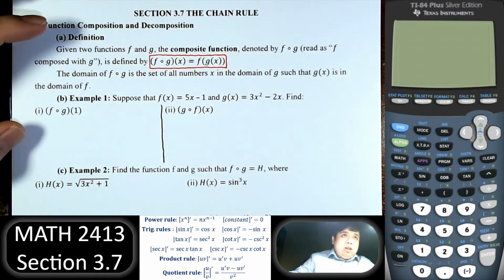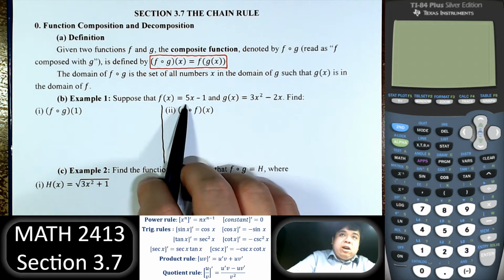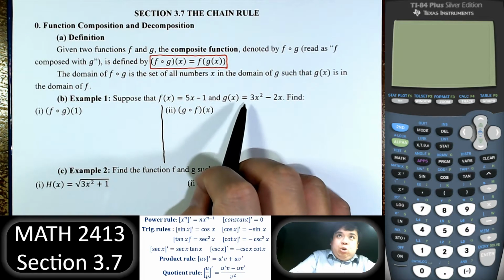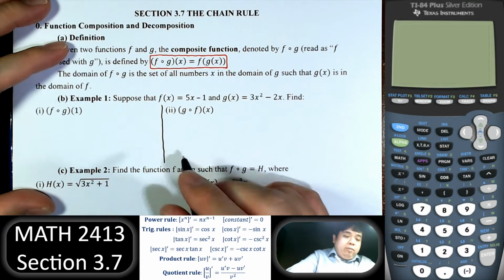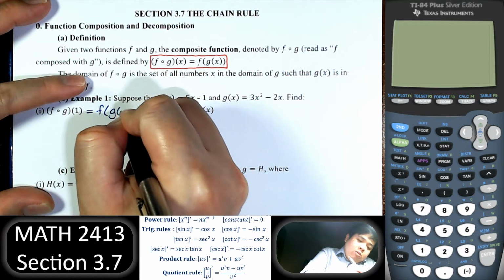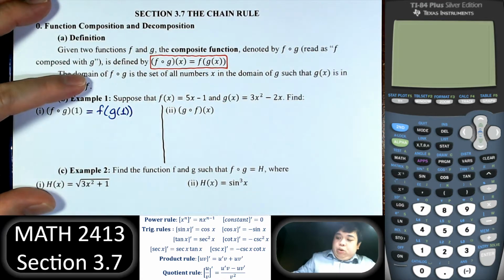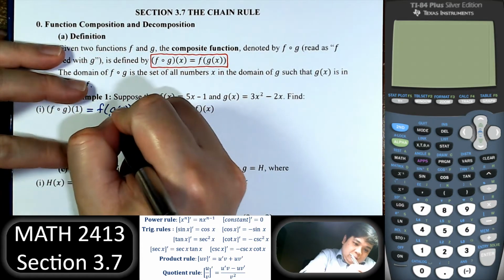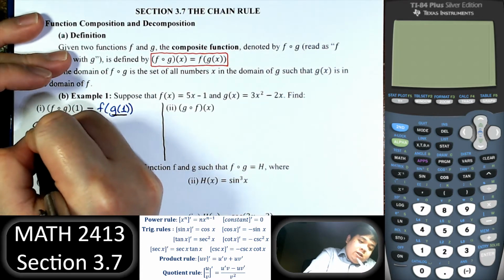Let's see how it works. Suppose the function f of x is equal to 5x minus 1, and g of x is equal to 3x squared minus 2x. What is f of g of 1? We'll rewrite this as f of g of 1, and then do the inside, the parentheses g of 1, first.